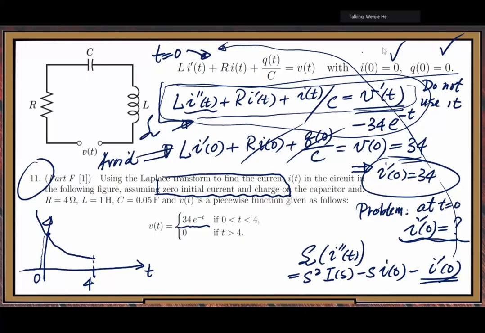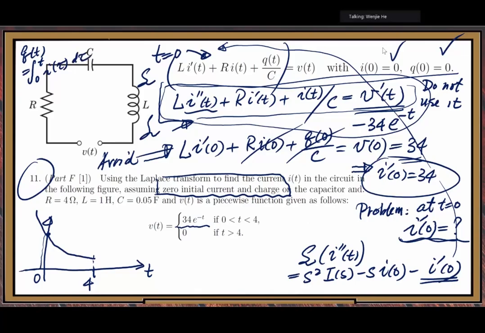When you apply Laplace transform, you apply it on the original equation. Don't worry, we have the integral formula, because Q of t equals the integral of I of tau d tau.